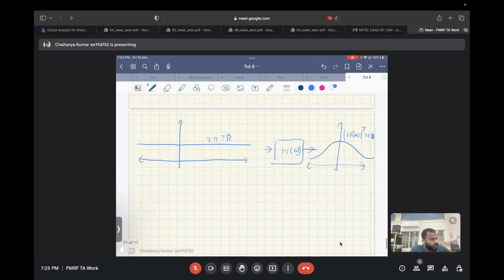Now, if you want to find the power of this, you need to find the complete integration under this curve. Let's say you want to find the power through the autocorrelation function. Do you know how to find the power from the autocorrelation?